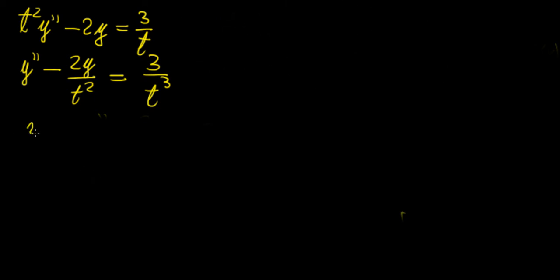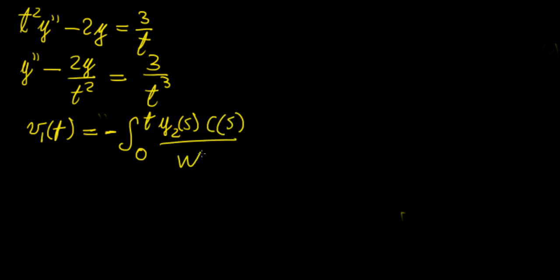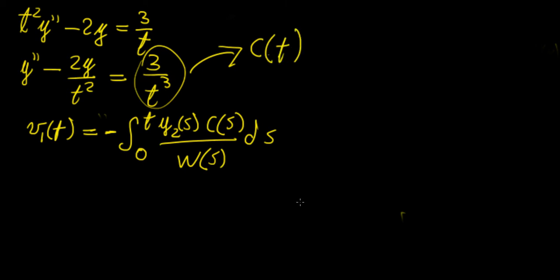So we're going to find v1 of t, and this is equal to minus the integral from 0 to t, in this case, of y2(s) times c(s) over the Wronskian evaluated at s, ds. So this function right here is going to be our c(t), and then all we need to do is put in those values. So we're going to have minus the integral from 0 to t.